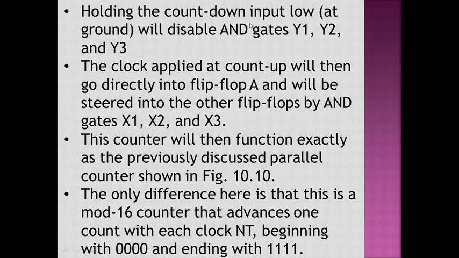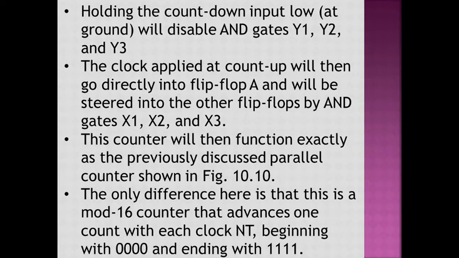Holding the countdown input low at ground will disable AND gates Y1, Y2 and Y3. The clock applied at count up will then go directly into the flip-flop A and will be steered into the other flip-flops by AND gates X1, X2, X3, which I have explained. This counter will then function exactly as the previously discussed parallel counter shown in figure 10.10.